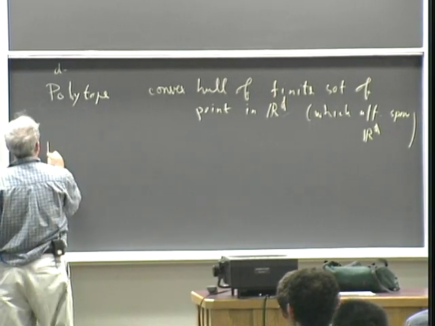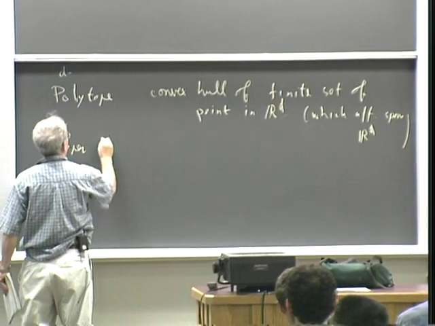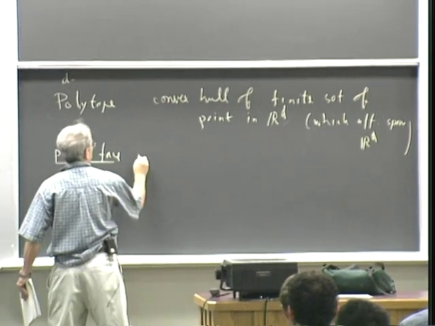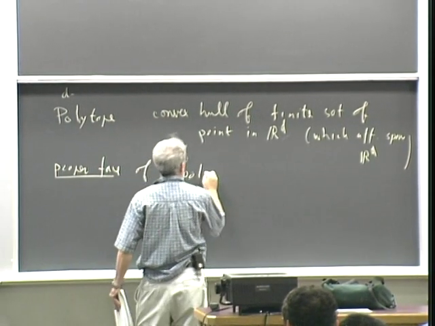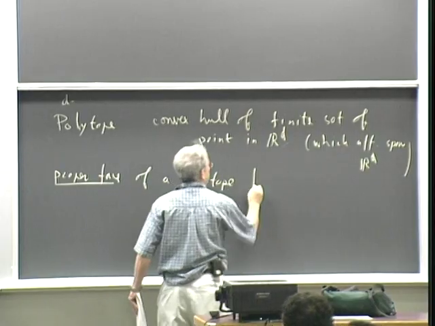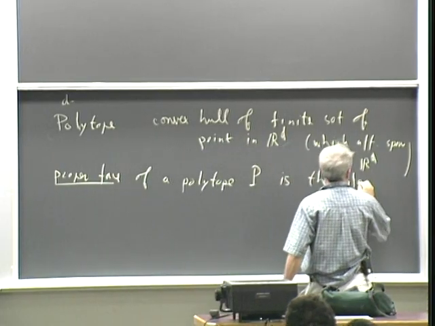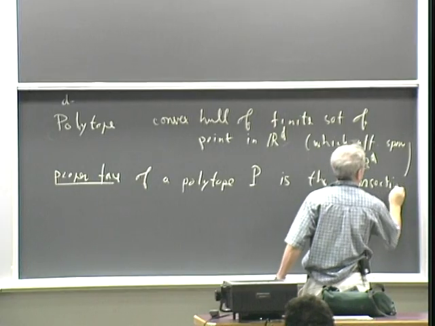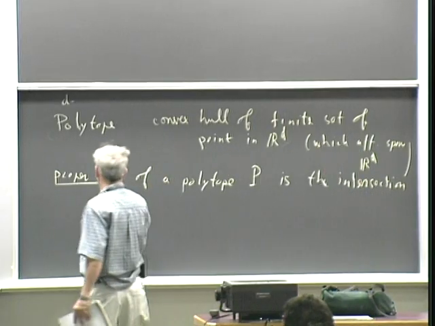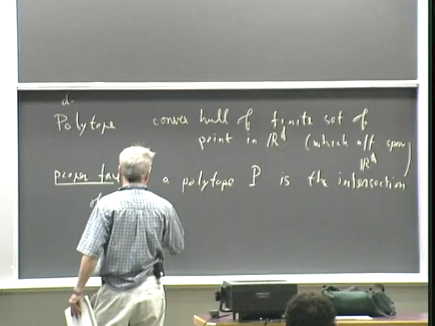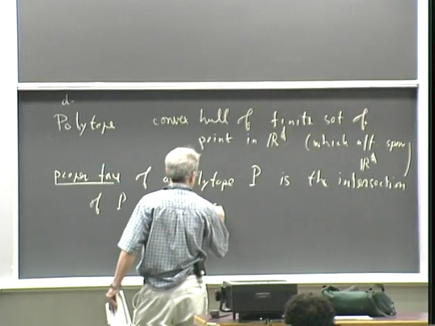So a proper face of a polytope is the intersection of P with a supporting hyperplane.